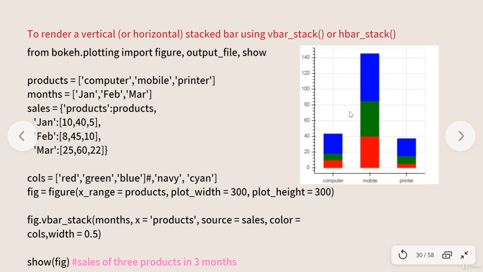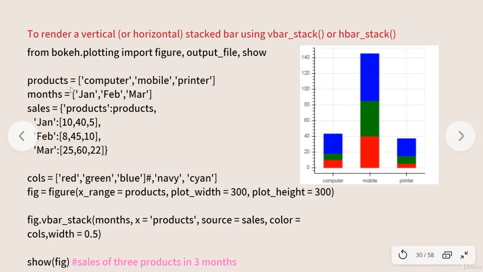The same thing you have faced in seaborn plotting as well, and the same type of feature is available in Bokeh also. Again, the way of plotting is a little different. In seaborn it was quite a different way, and here it is also quite different. So you have to notice those differences because the parameters are different and the way it is put up is different.